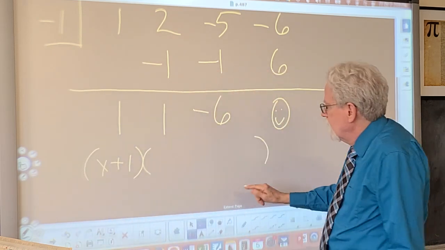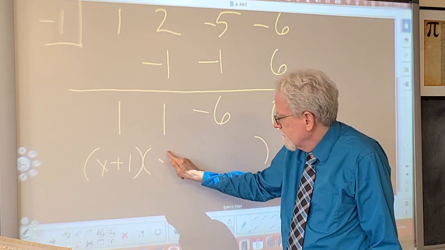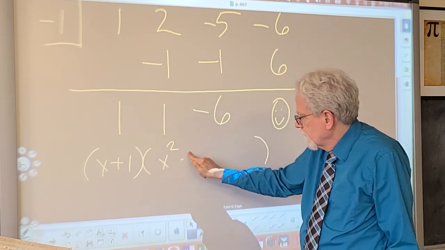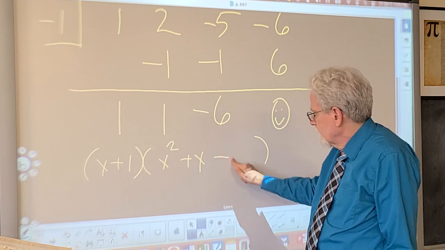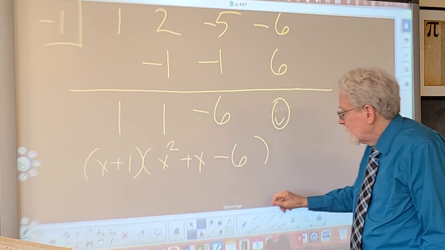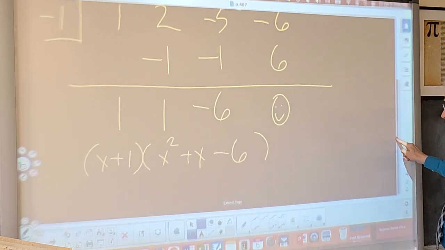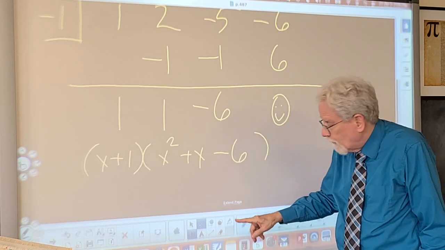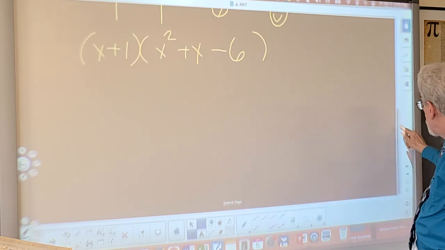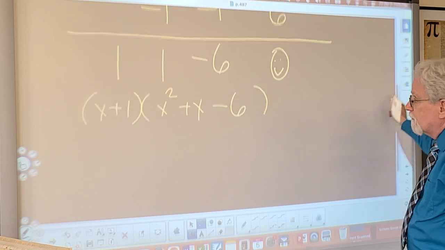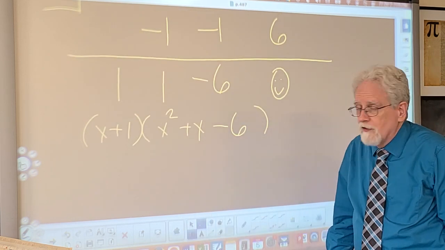The other factor is 1x squared plus 1x minus 6. And again, as frequently happens, in fact, almost always happens with the problems I'm going to give you, this final quadratic is easy to factor.